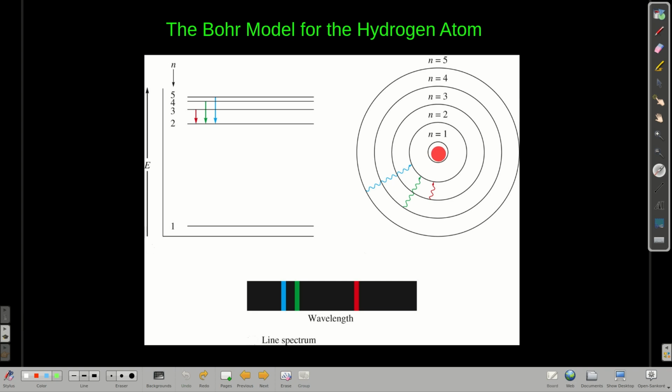So if this is the nucleus, then an electron could exist at n equals 1. We label these orbits with n: 1, 2, 3, and so on.